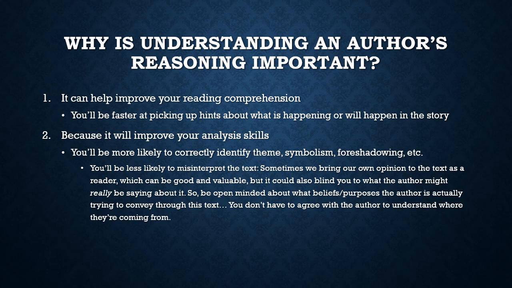For example, it could help you correctly identify the theme, symbolism, foreshadowing, or other deeper or more subtle things in the text that can sometimes be tricky to find. Also, you'll be less likely to misinterpret the text, or interpret it in the wrong way.